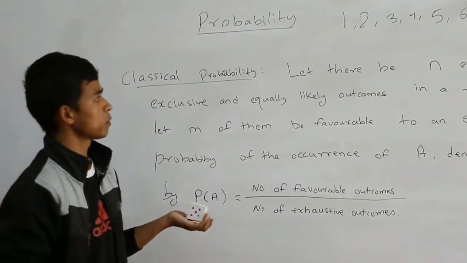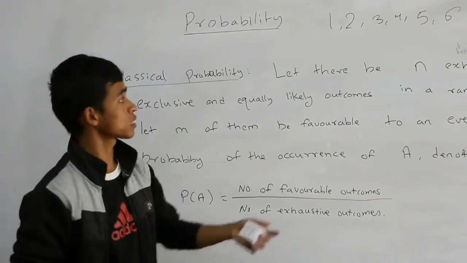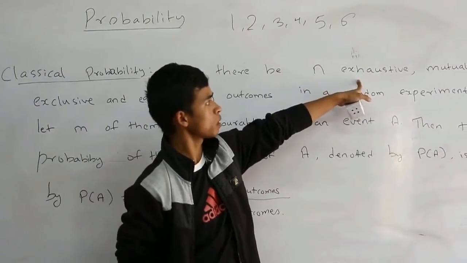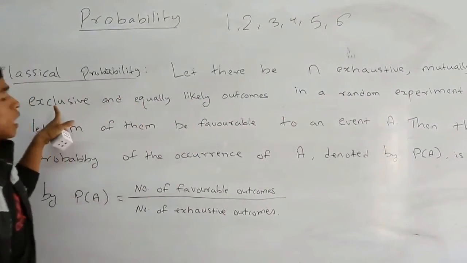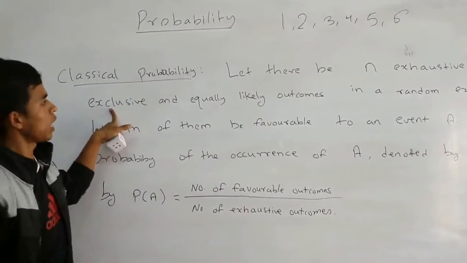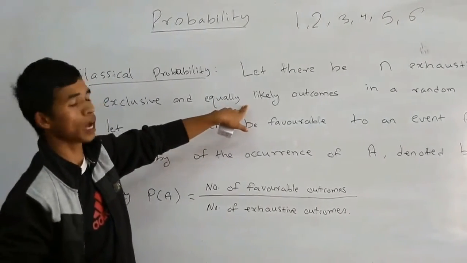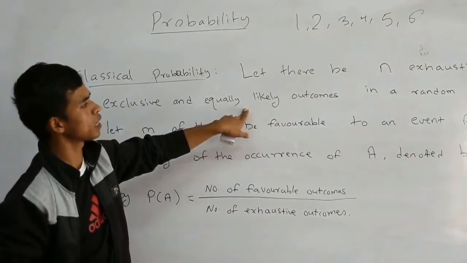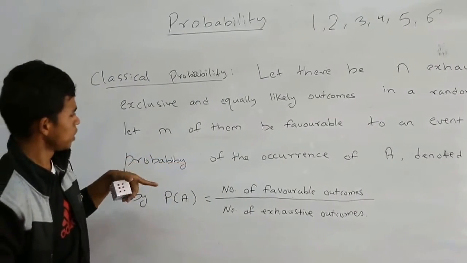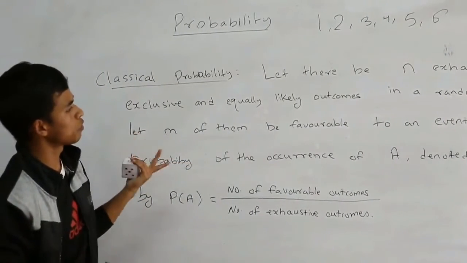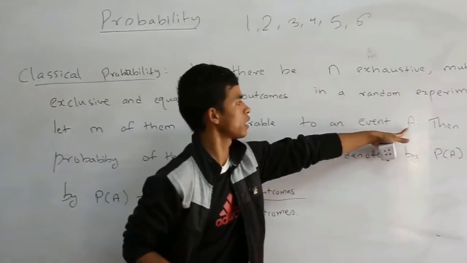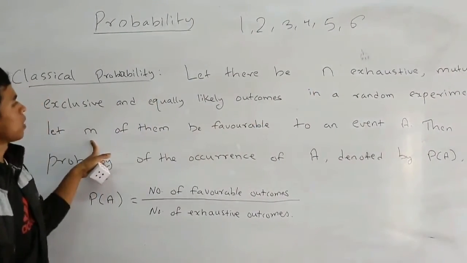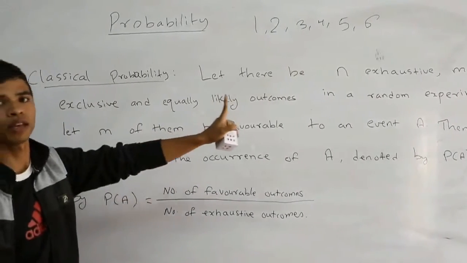Suppose in a random experiment we have n exhaustive outcomes. Exhaustive means the total number of possible outcomes, and in that random experiment no two outcomes will appear at the same time, and all outcomes are equally likely to happen. Then in such a random experiment, suppose we have defined an event A, and from n, m of them are favorable to the event A.